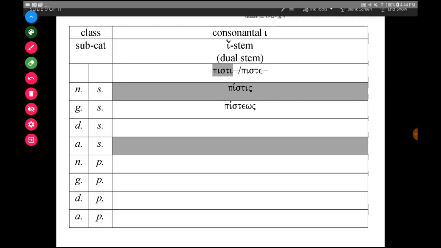This next paradigm is something that you have not seen before. It's called a consonantal or semi-vowel class. We're going to go over one of the semi-vowels, which is the consonantal iota. There's also consonantal digamma, which is part of the semi-vowels that we'll introduce in another chapter. The consonantal iota is symbolized by the iota with a little diacritical mark on top.